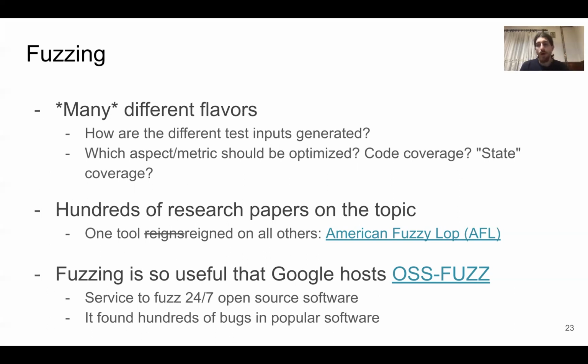And one of the main tools that really made history in the past is called American Fuzzy Loop, AFL. I actually don't remember how old it is, 15 or so years ago, something like this. It's very old. Nowadays, my understanding is that people don't use it anymore, but there are many approaches based on this, okay?